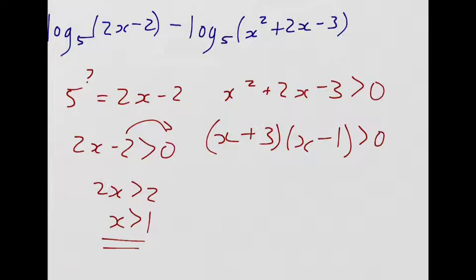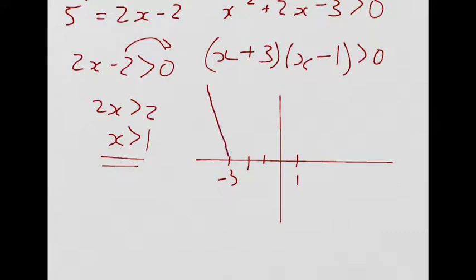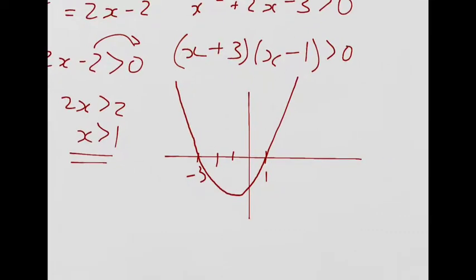You tell me, graph it. I've got intercepts at -3 and 1. The parabola opens up, so it's going to look like this. When is that parabola above 0? When it's greater than 1 or less than -3.